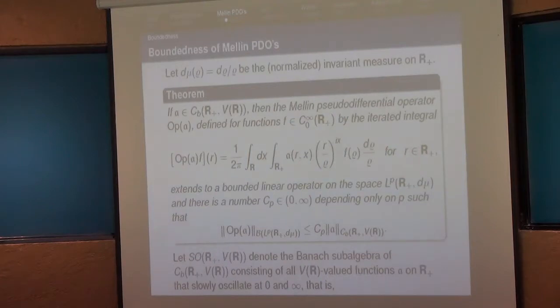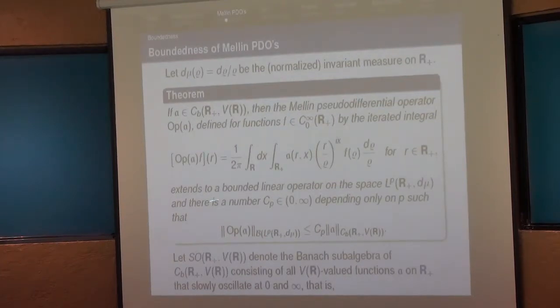Then the Mellin pseudo-differential operator is defined by this symbol, an infinitely differentiable function of compact support, by an iterated integral. So we take the Mellin transform, multiply by this function, and take the inverse Mellin transform. But symbols now depend on two variables, not only on the variable of the convolution operator. So for this pseudo-differential operator, we have dependence on the spatial variable.